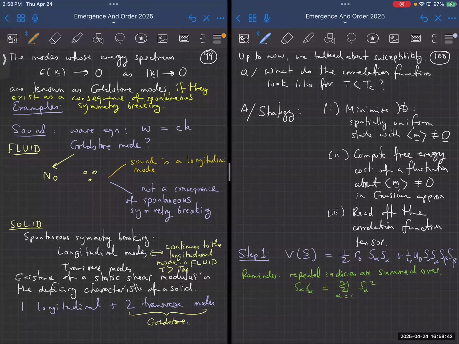The next thing we do is minimize the effective Hamiltonian. So I set dV by dS equal to 0, and I'm just going to do this by looking at the alpha component. If I differentiate this with respect to S alpha, I get r naught times S alpha plus 1/4 u naught, and then 2 S alpha, and then S beta S beta, and then another factor of 2.